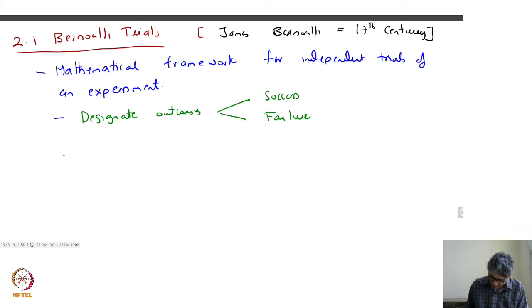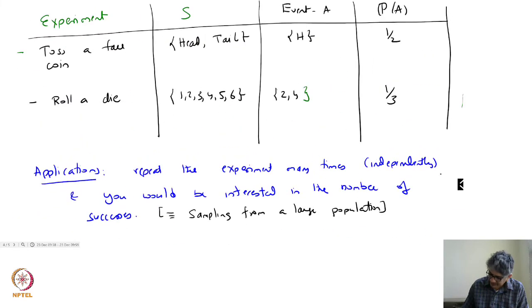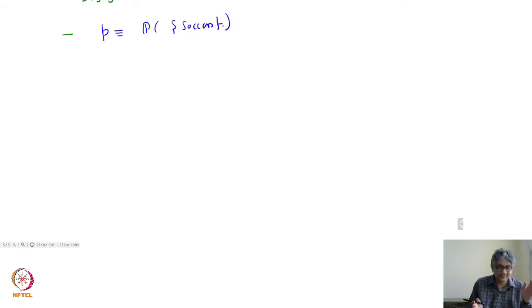And I'll just say I know the probability of success, like the table that I drew for you previously. So I'll just assume that P is the probability of success, whatever success is defined to be at each trial.